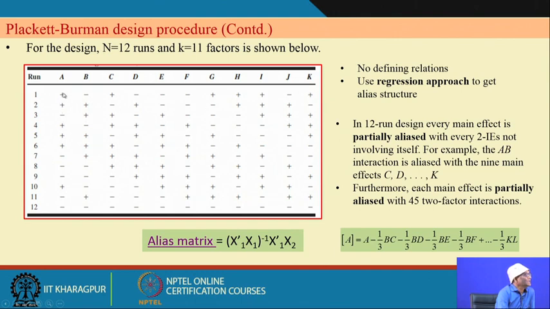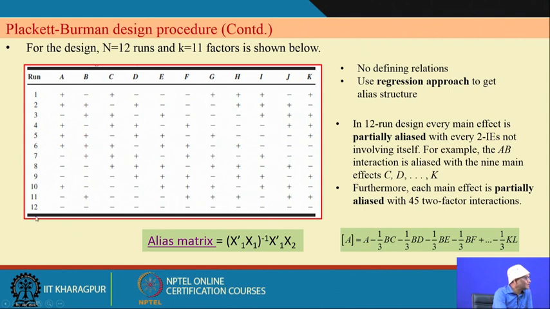So, plus, then you start from this, then plus plus, then minus, then again plus, then 1 2 3 minus, 1 2 3 minus, then 1 2 3 plus, 1 2 3 plus minus. So, here you ended with minus, you start with minus again. So, minus, then again start from here plus plus plus plus, 1 minus, then 1 plus, then 3 minus, then 3 plus. So, in this manner you go on, up to k equal to 11, up to 11 factors, you continue this.